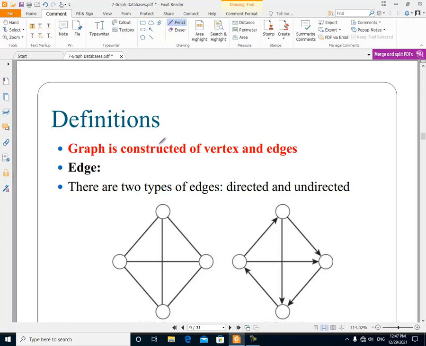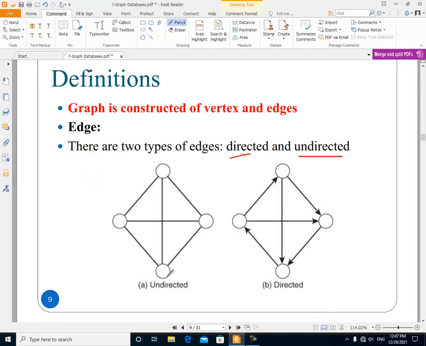The graph is constructed of some vertices and edges. Okay. And the edges could be directed or undirected. This is an example of undirected edges, and this is directed edges.